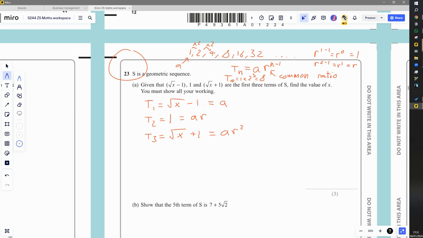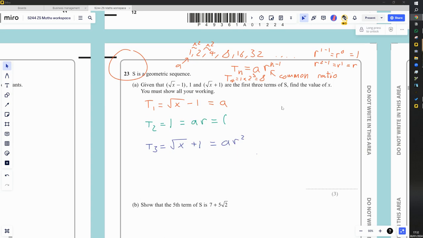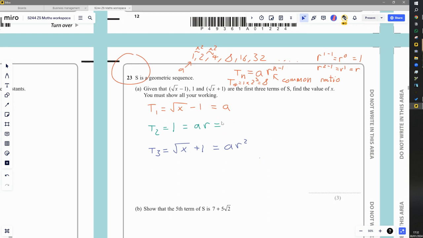Because we know that a is this one here, for the second term, I can put all this in place of a. So let's put that in brackets. In fact, let me just pause the video and use a little bit of colour here to help us see what's going on. Okay, so where it's written a, I'm going to instead use what we've identified is our value for a.